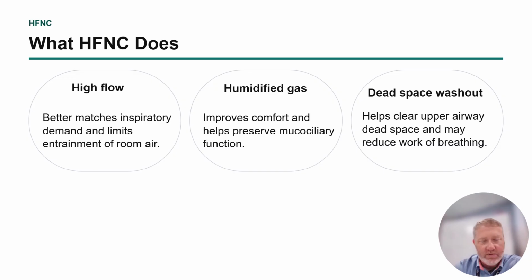So if an adult patient's on a high flow of 60 liters per minute, that is the inspiratory flow given by the high flow nasal cannula device, and that's going to be greater than their personal inspiratory demand. So in that regard, the actual flow rate for a high flow nasal cannula does make it a high flow device.